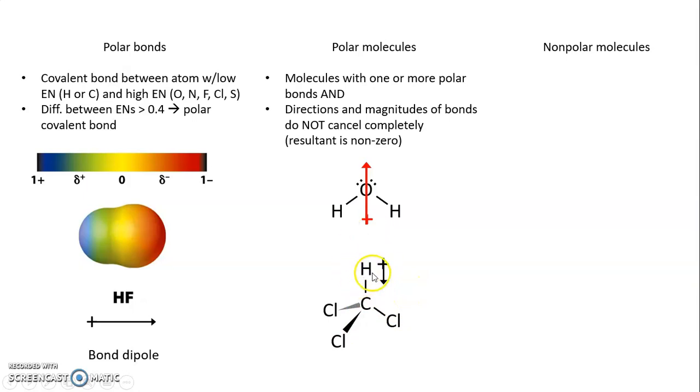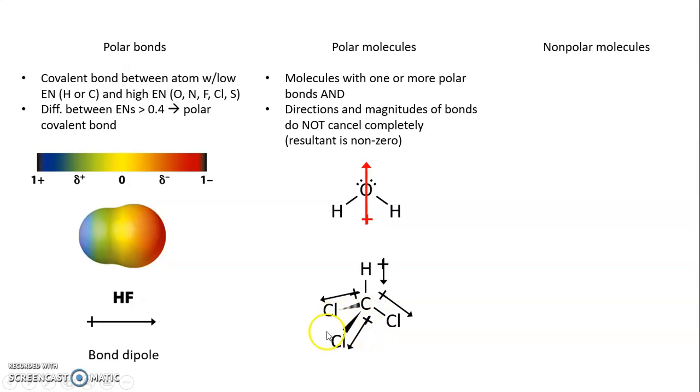Technically, there is a difference. Hydrogen's 2.1, carbon's 2.5, so there is a very small bond dipole there, and there's a much bigger one with the chlorine. Chlorine's got an electronegativity of about 3. Okay, and so now the carbon's going to be the partial positive, so we're going to have equal dipoles pointing towards each of these chlorines.